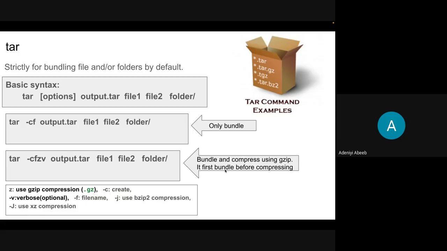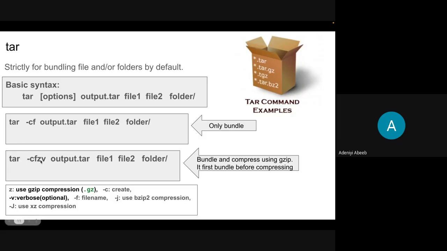It first bundles before compressing. Unlike zip, which first compresses before bundling, here by the time you specify z, it's going to bundle first before compressing. So that's why I said order matters. Please don't mix the two together.